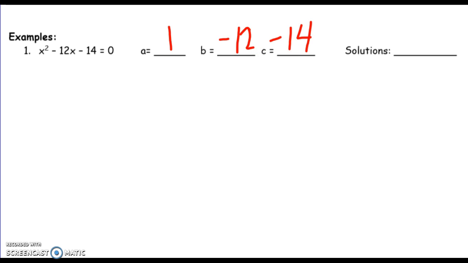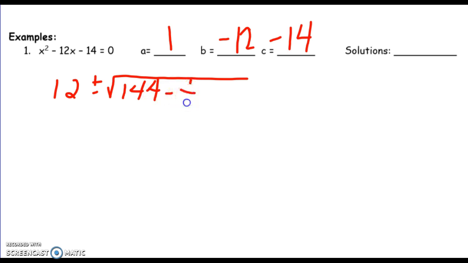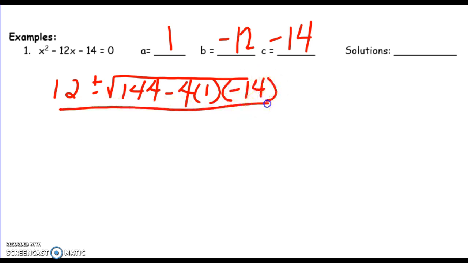So if I have x equals the opposite of b, which would be 12, plus or minus the square root of b squared, so that's 144, because 12 squared is 144, minus 4 times 1 times a negative 14, all over 2a, which is 1.